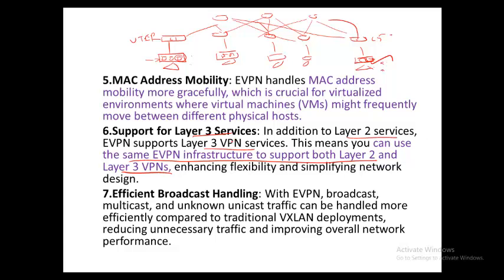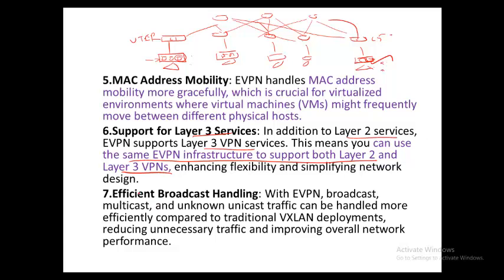When there is no EVPN, there was unnecessary flooding. Now that unnecessary flooding is reduced. So this improves the VXLAN network performance now. We are just trying to understand the importance of EVPN.